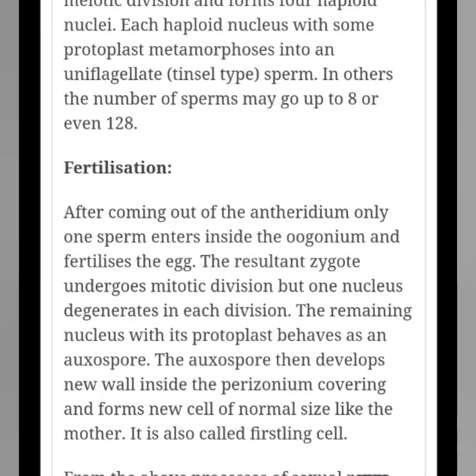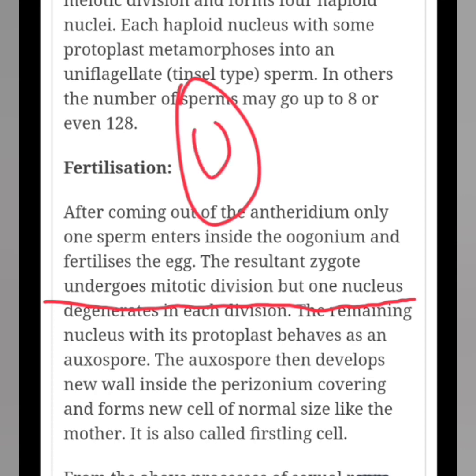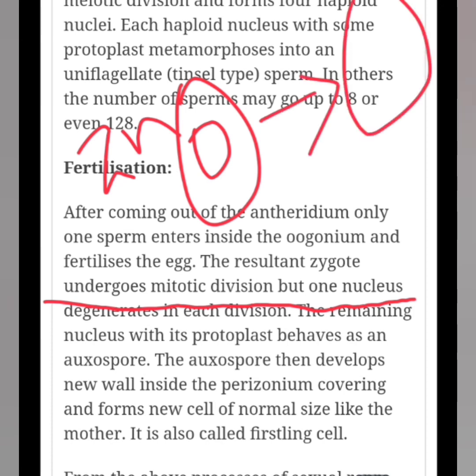The resultant zygote, which is diploid, will then undergo mitotic division to give rise to haploid nuclei, and the remaining one nucleus will degenerate.